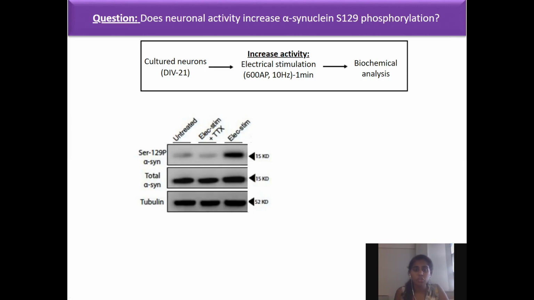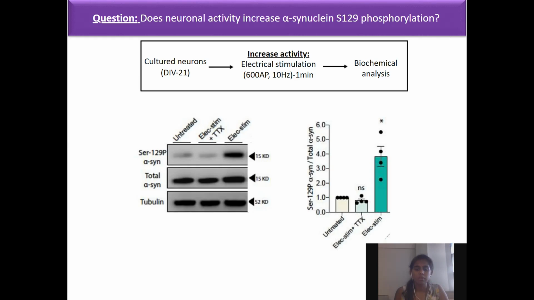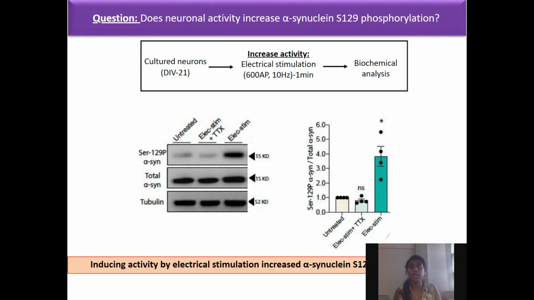The second lane shows that this is specific to electrical stimulus, because with treatment with TTX, which is a sodium channel blocker, the neurons cannot be activated, and hence we block synuclein phosphorylation. So this clearly shows that inducing activity by electrical stimulation and by chemical stimulation increased alpha-synuclein phosphorylation. So this increase in phosphorylation is indeed activity dependent.